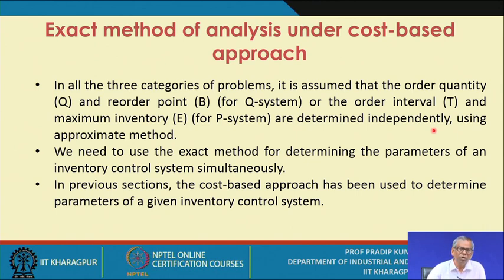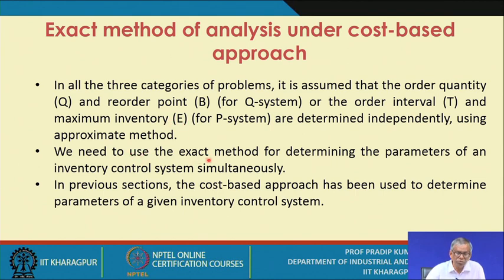So you are familiar with all these formulations. That's why we say the parameters we determine independently using approximate method. So as if there is no relation between order quantity and reorder point, or there is no relationship between order interval and the maximum inventory.